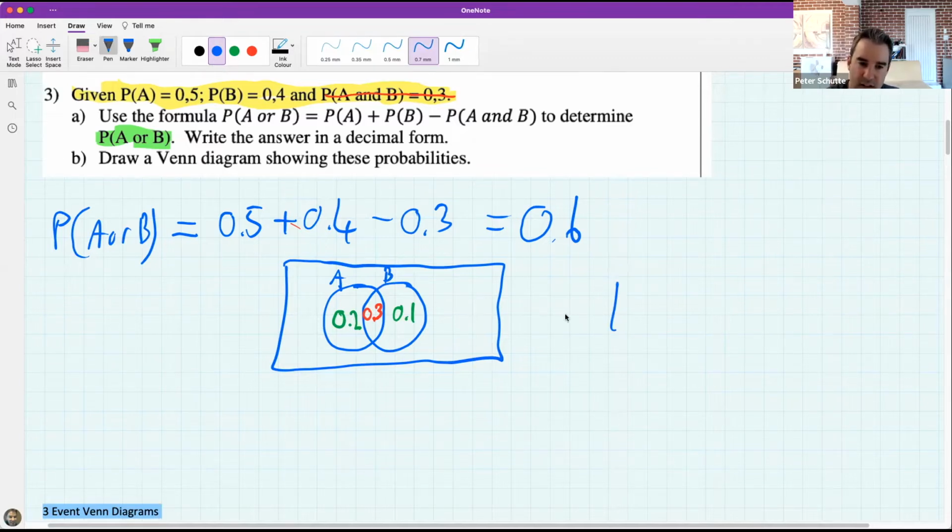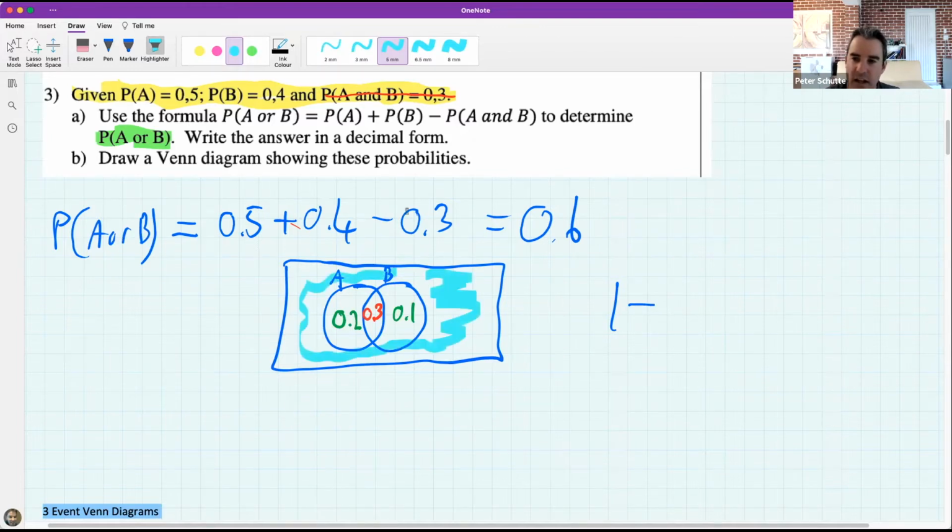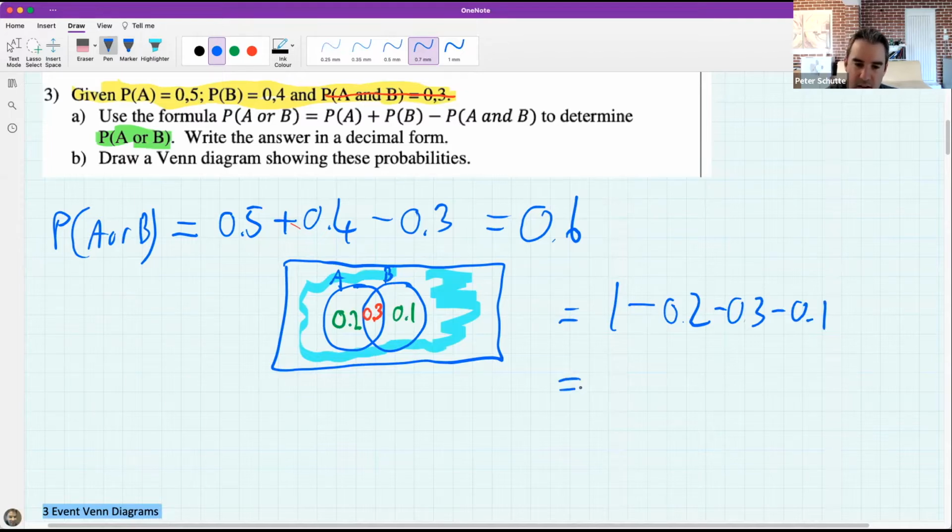So if you want to know what this region is, you need to go minus all the areas. You start with 1 and you just take away 0.2, 0.3, and 0.1, which is going to be 0.4.